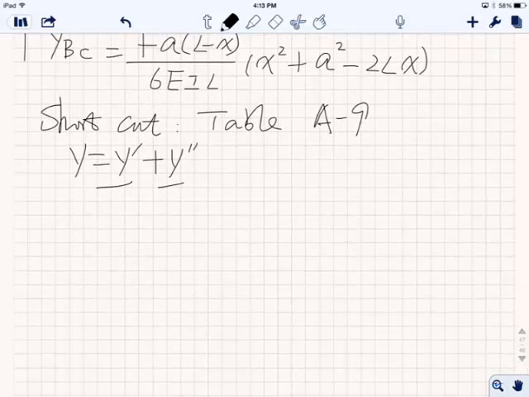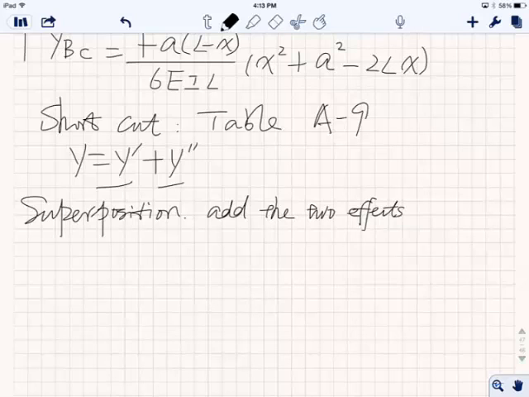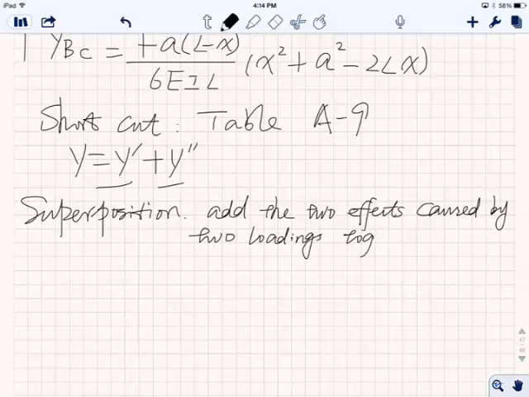So once we do superposition, let's add two effects caused by two loadings together. We have concentrated and we have distributed.